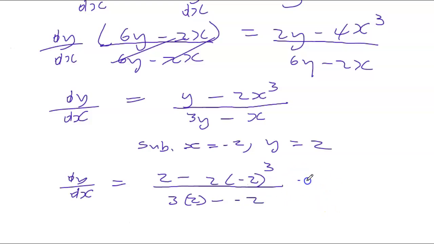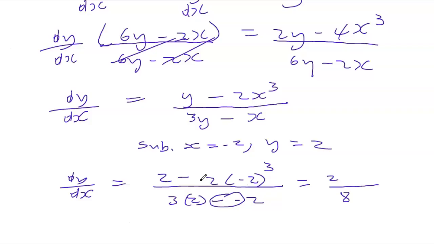So let me simplify this, doing the denominator first. That's 3 times 2, 6. And the double negative gives us a plus, so 6 plus 2, that's 8. And in the numerator, what we have now is 2. And then this is negative 2 cubed. That's negative 8 times negative 2.